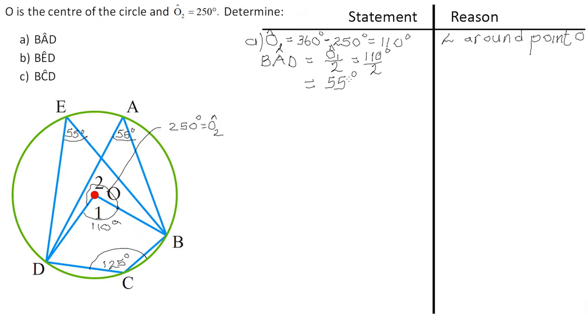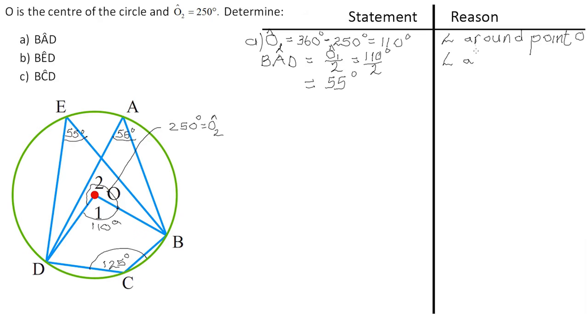I just want to note here, you people have seen that I haven't used the word obtuse. The reason is because it is already labeled as O1. That's the reason why I haven't used the word obtuse, or as the case may be, acute, which means it's less than 90 degrees. I haven't specified exactly what type of angle it is because it is already stated as O1. 55, why?